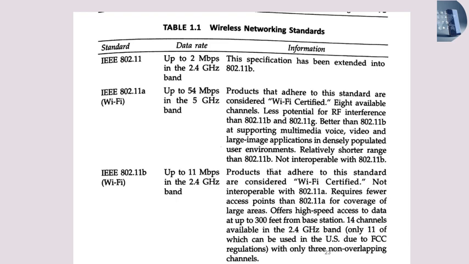Not interoperable with 802.11a, it requires fewer access points than 802.11a for coverage of large areas, and offers high speed access to data at up to 300 feet from the base station. 14 channels available in the 2.4 GHz band, only 11 of which can be used in the US due to FCC regulations, with only 3 non-overlapping channels.